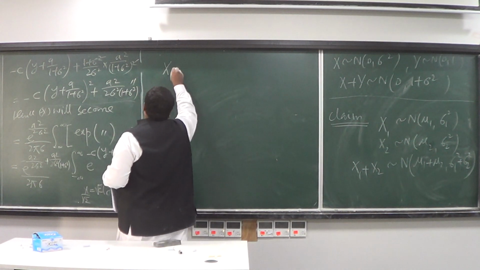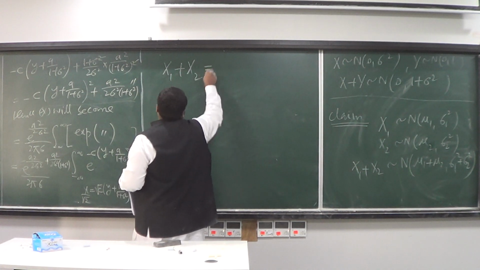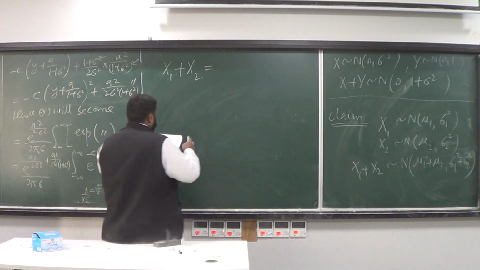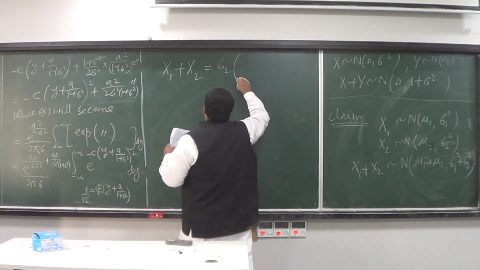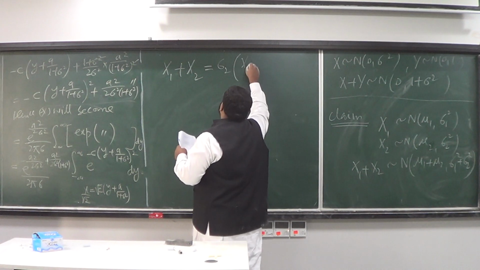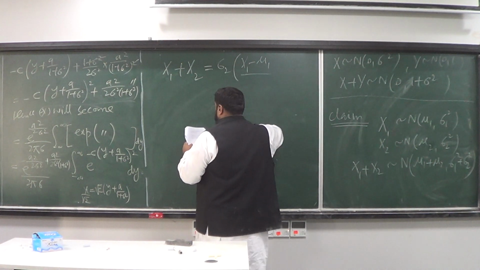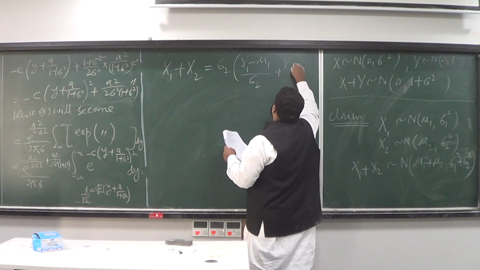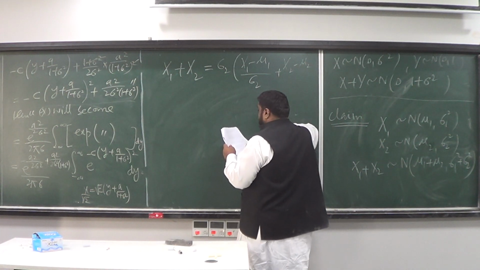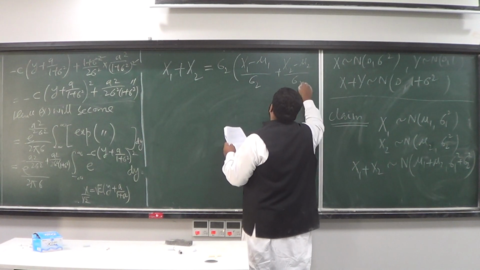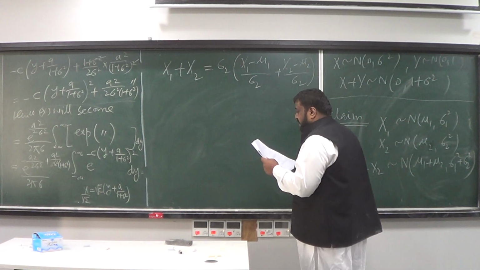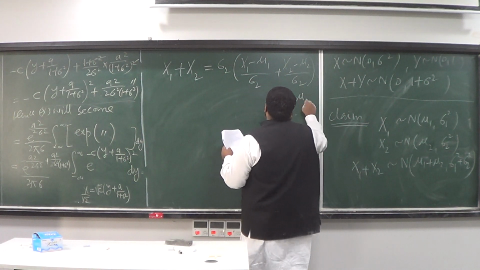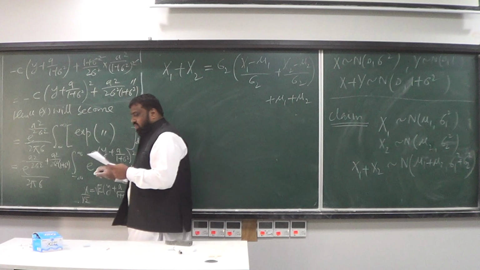Can I write this expression x1 plus x2 in this form: sigma 2 times (x1 minus mu1 over sigma 2 plus x2 minus mu2 over sigma 2) plus mu1 plus mu2.